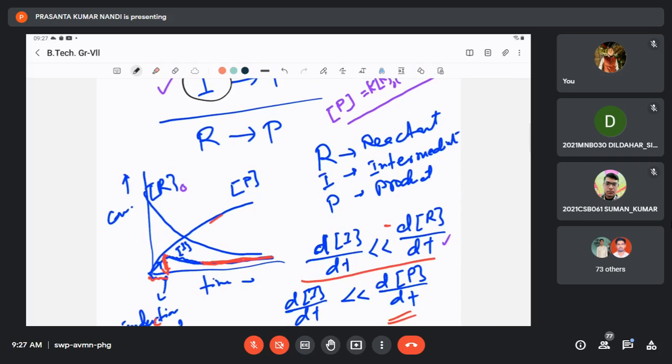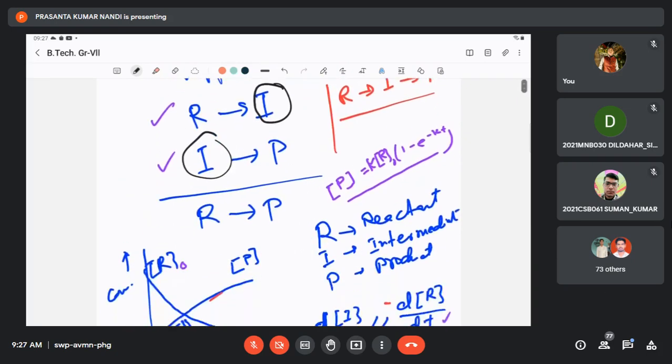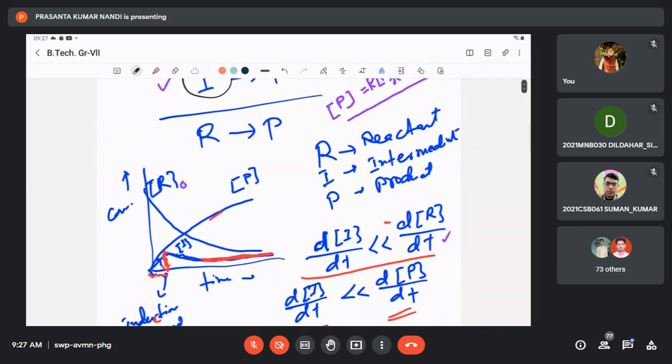Now, for simplicity, we assume that both the forward and backward steps follow first order rate equations. This is a very simple reaction that we call a consecutive reaction.